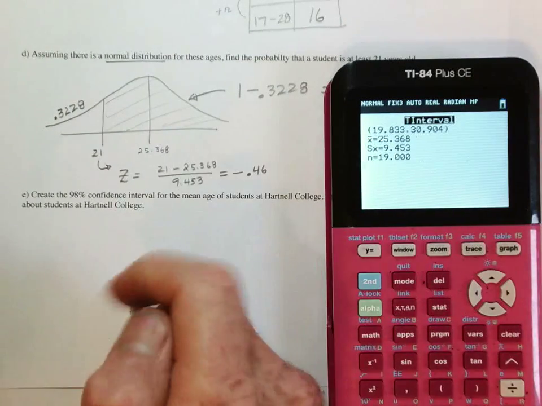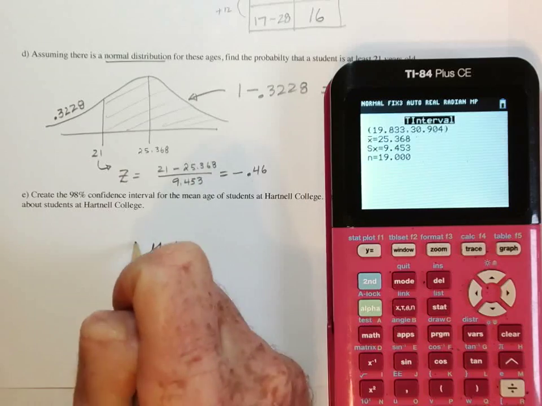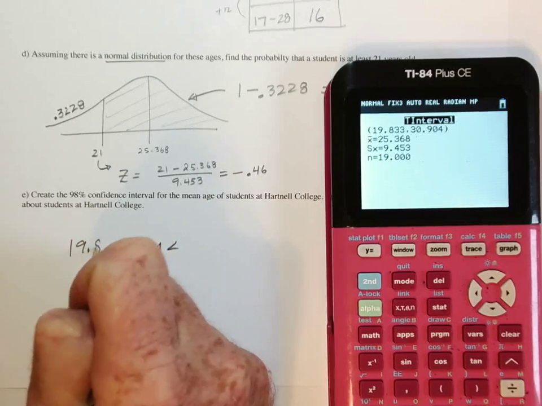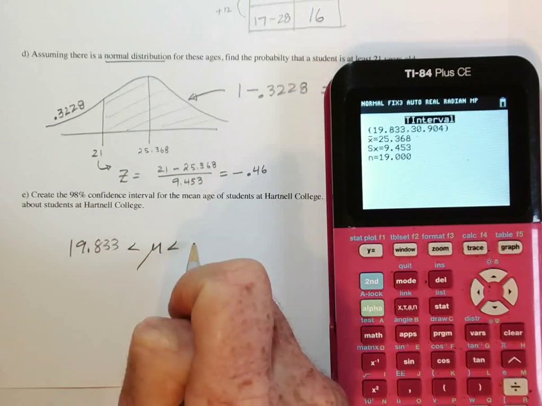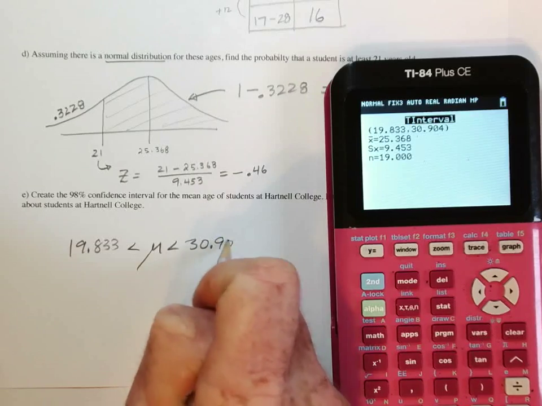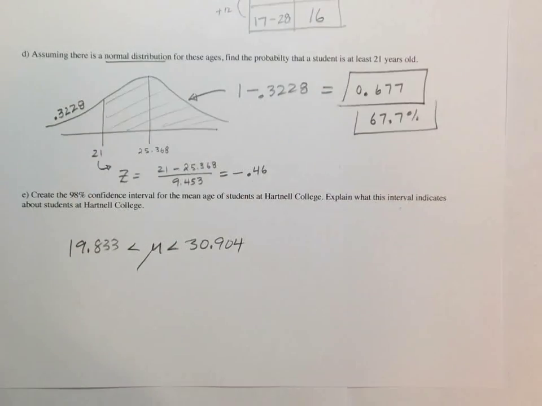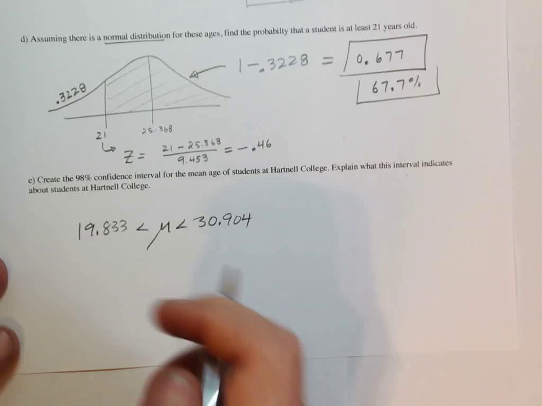So we get that the mean is between 19.833 and 30.904. And then the last part is a brief explanation.